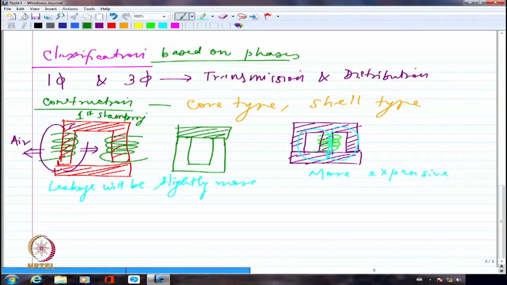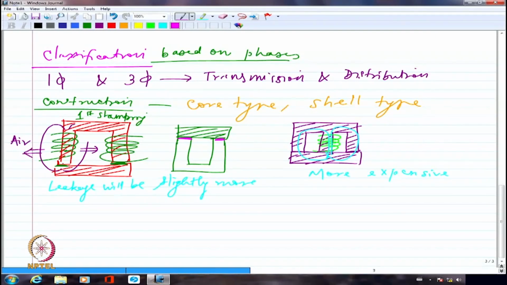I will have a small air gap, whether I like it or not. I am going to have a small air gap here. In this case, similarly, I will have a small air gap here. I don't want this air gap to continue one behind the other continuously, because that will increase the reluctance. So I would like to put the first stamping with the straight portion at the bottom.